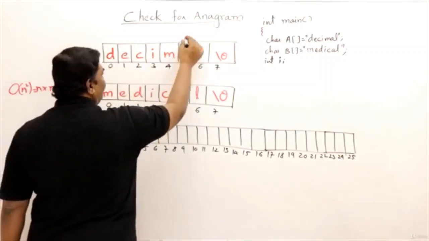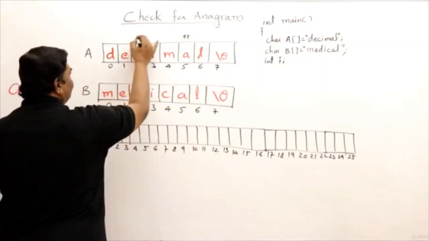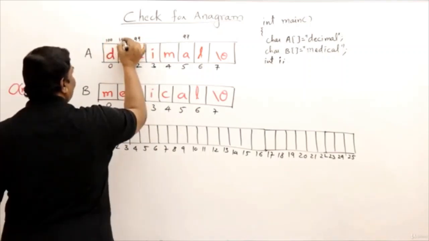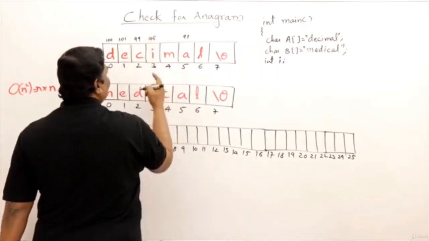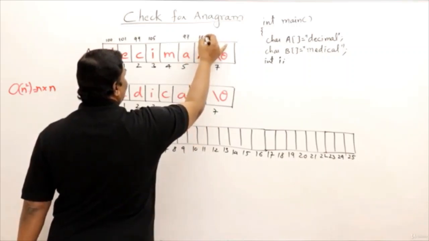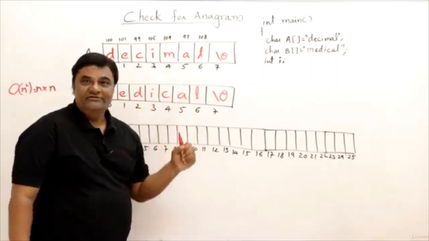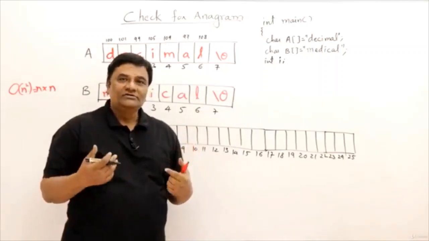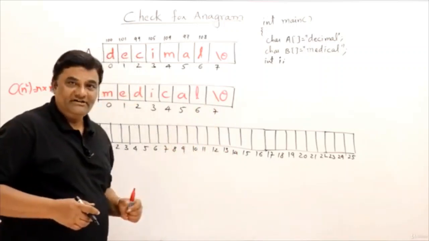A is 97, C is 99, D is 100, E is 101, I is 105, L is 108, M is 109. These are the ASCII codes of the lowercase alphabets used in this string. You can check in Google and find out the ASCII codes of the alphabets.